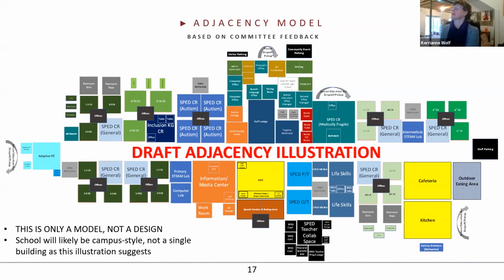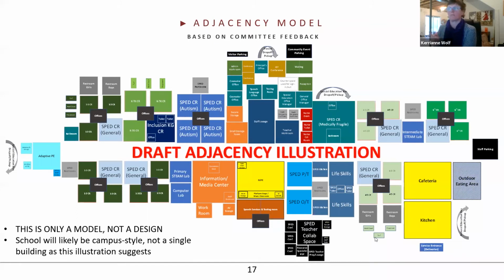Let's talk for a minute about these black spaces that right now are behind SPED OT. I don't intend to have those spaces there at all. I placed them there because when I got the draft illustration back, those were spaces that somebody said, we don't need any of these. And I don't think that's what they meant.